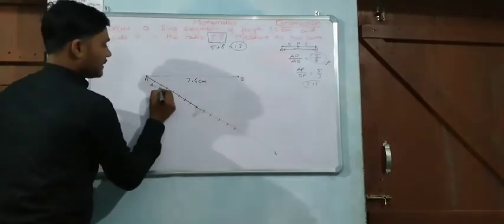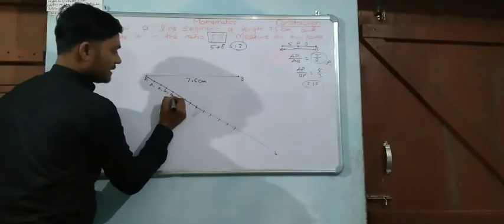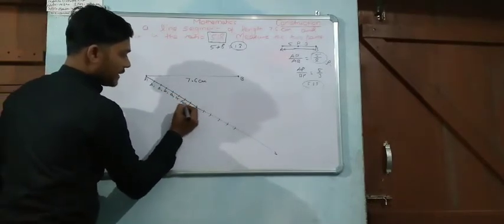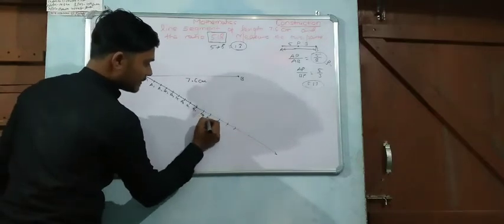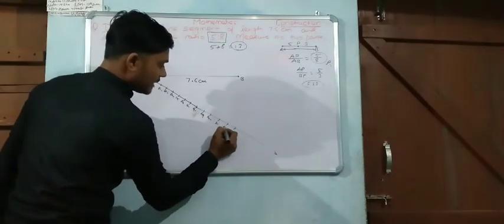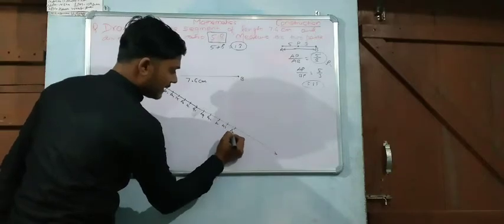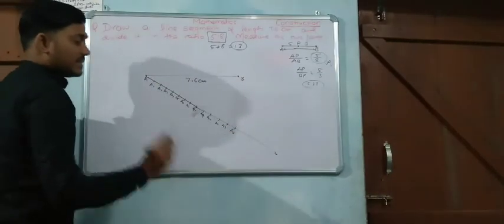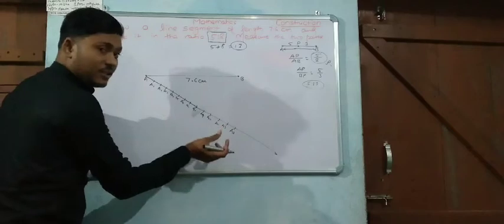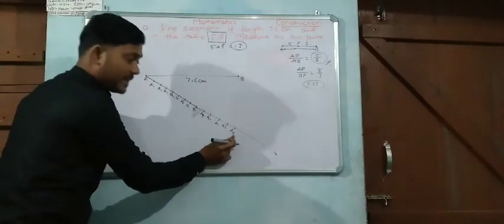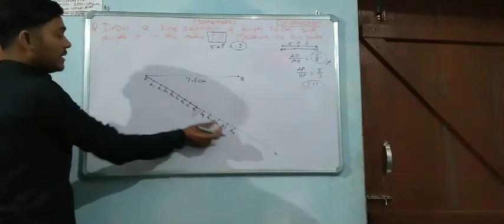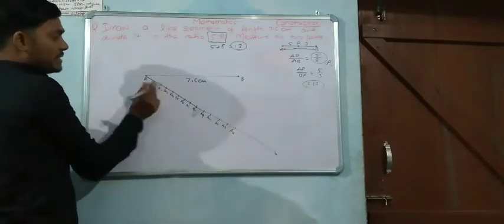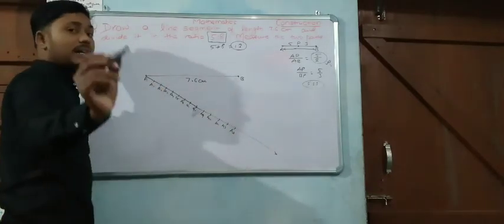So this is A1, A2, A3, A4, A5, A6, A7, A8, A9, A10, A11, A12 and A13. Keep in mind that the distance between A12 and A13 is always equal to the distance between A11 and A12. Whatever the distance between each marked position, they are all equal.